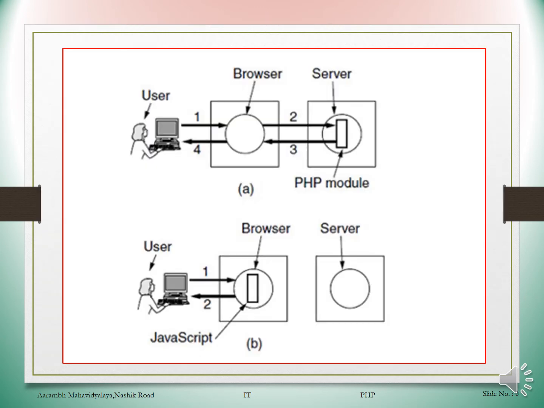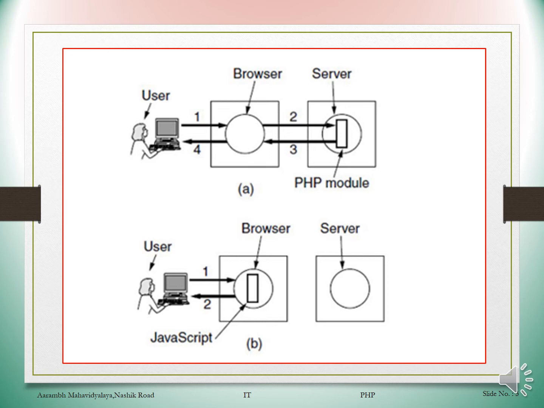Here it is shown in pictorial format. First of all, server side. User interacts with the browser. Browser sends that data to the server. Server executes that data, sends its output to the browser, and browser shows it to the user. This is the server side's programming concept.